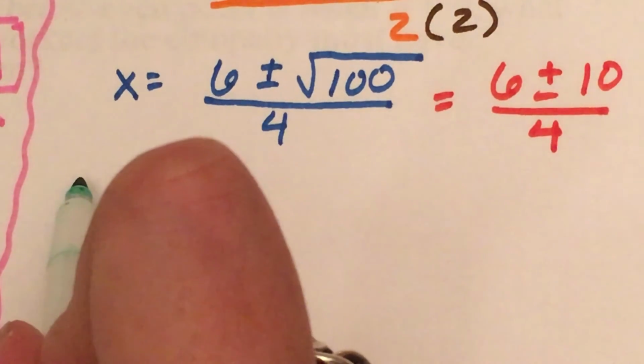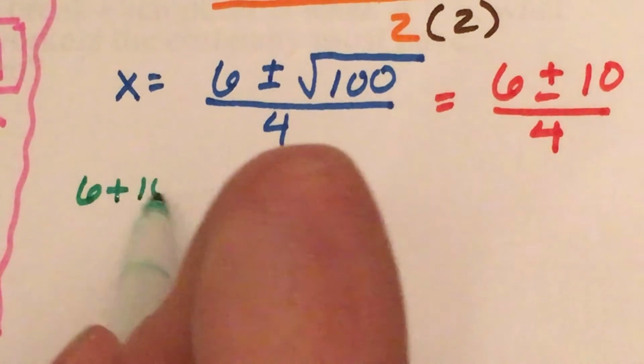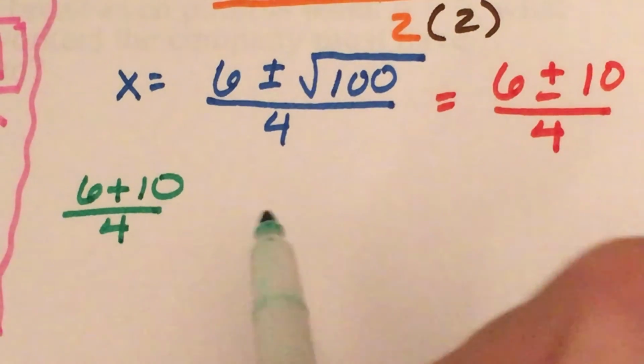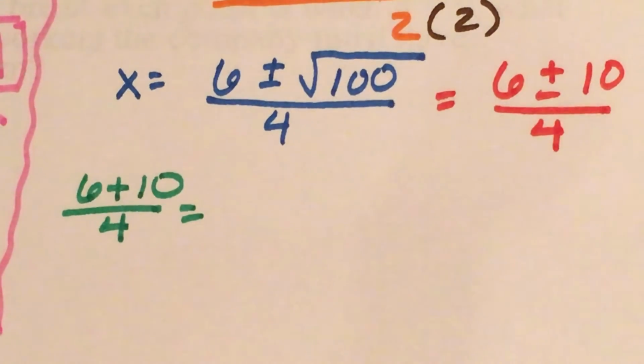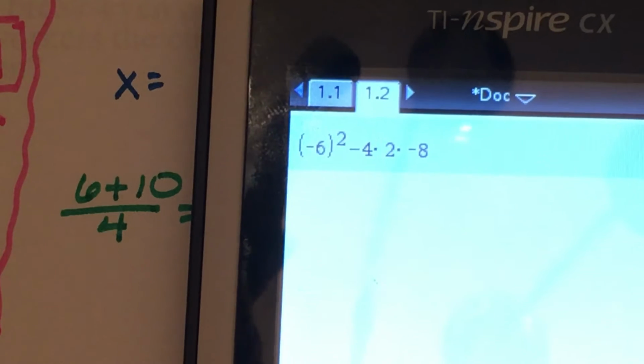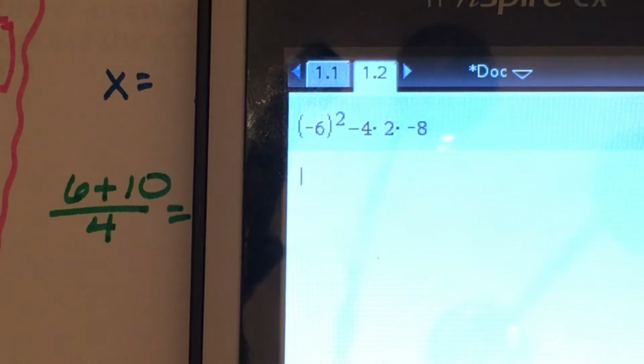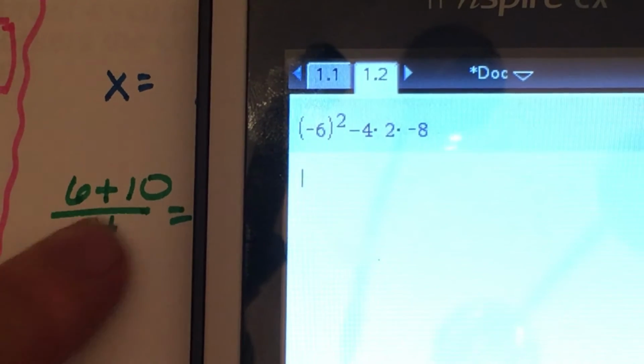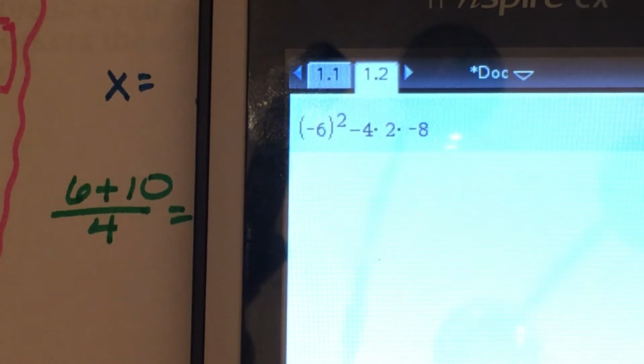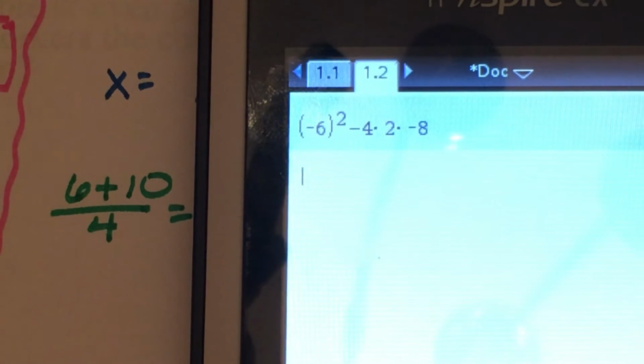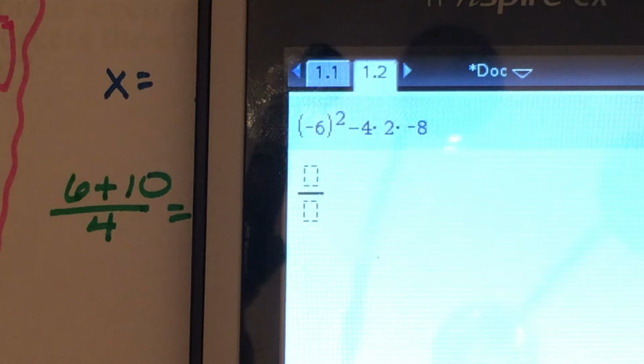So we've got 6 plus 10 divided by 4. Calculator. So what do we push to get the fraction? Do you remember? Control divide. That's right.